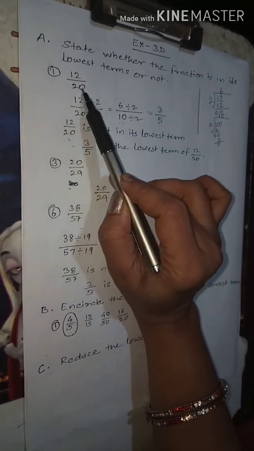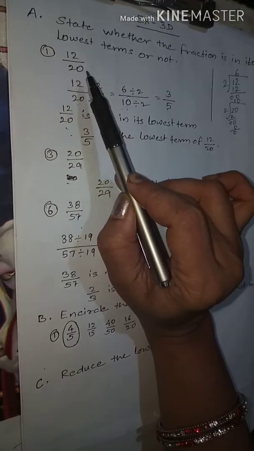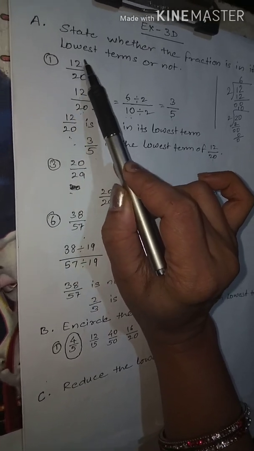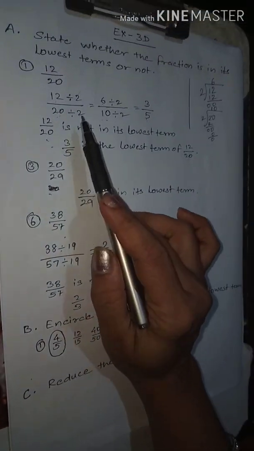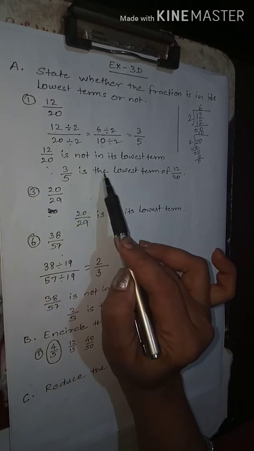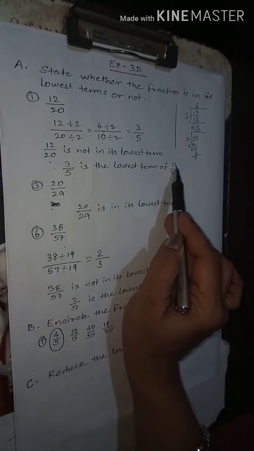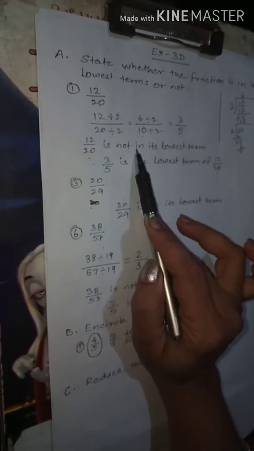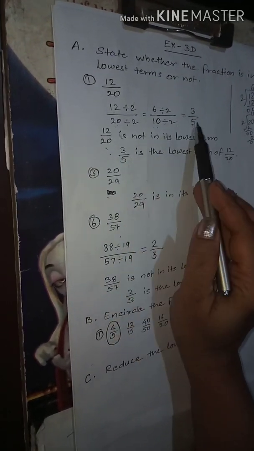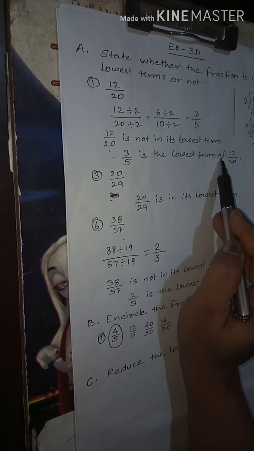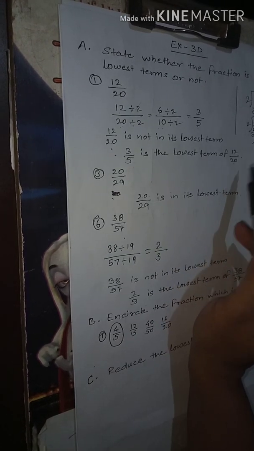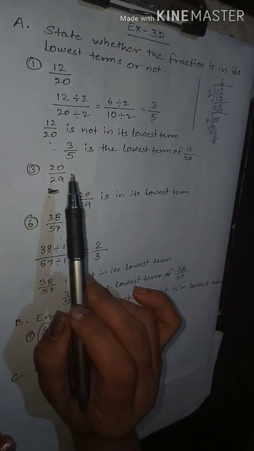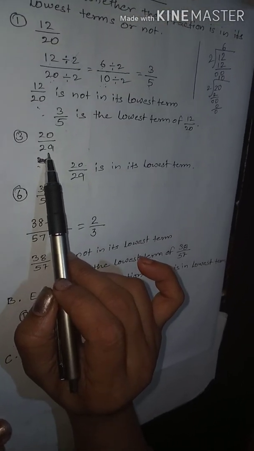So 3 by 5 is the lowest term of 12 by 20. Here the question is asking whether this fraction is in its lowest term or not. So this is not in lowest term because it can be reduced. First we will write 12 by 20 is not in its lowest term. 3 by 5 is the lowest term of 12 by 20. Next question number 3, 20 by 29.